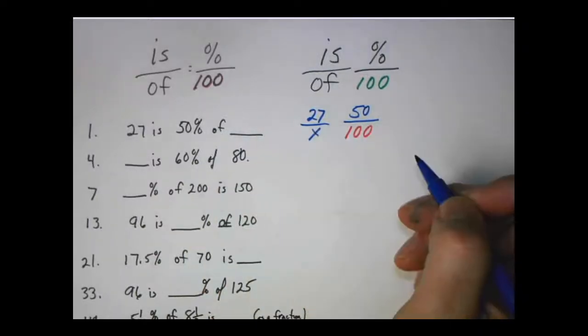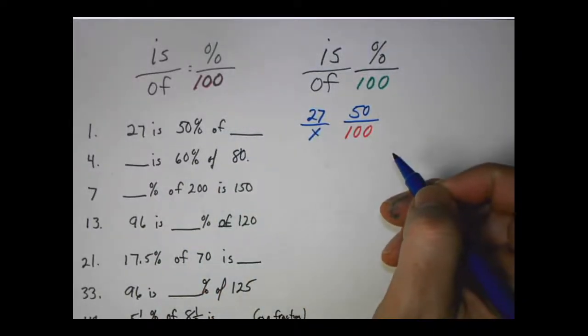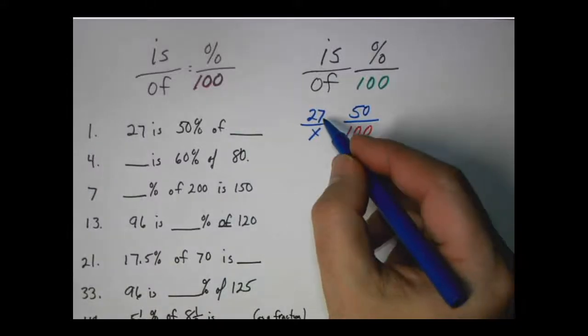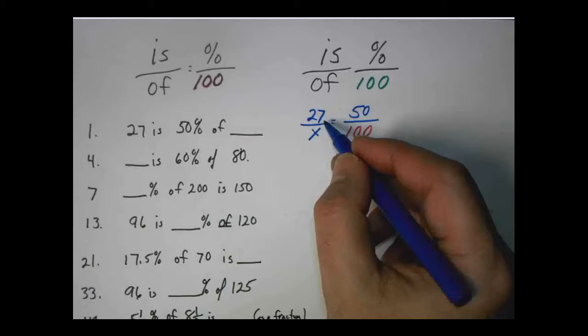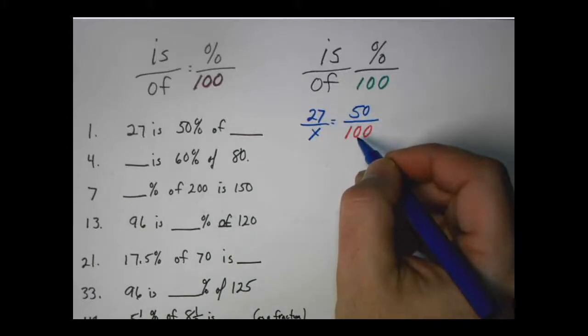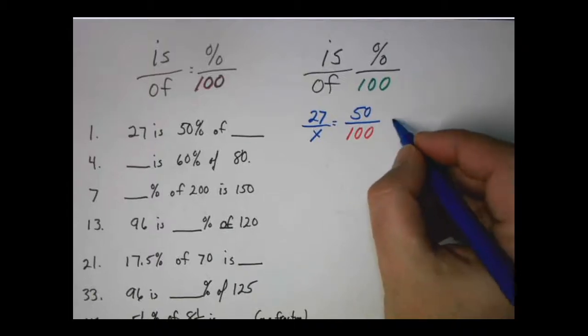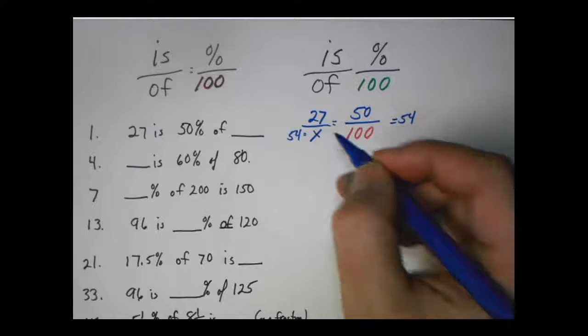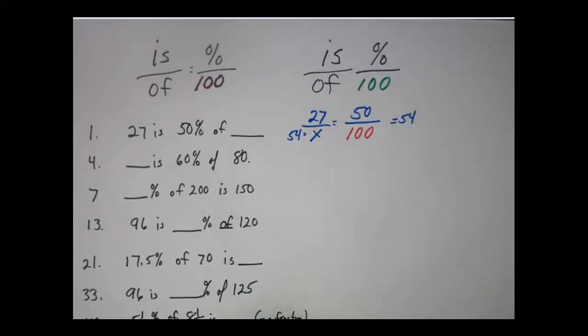So that's what we're looking for. Okay, so we're going to be cross multiplying and dividing here. We have these ratios, so we're going to cross multiply. So 27 times 100 divided by 50 is going to give us 54. So x then is 54. Okay, the setup is the key to these.